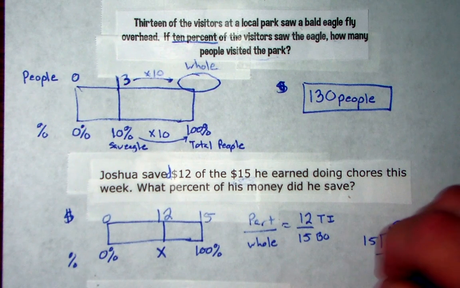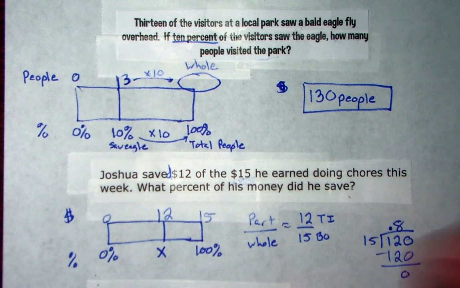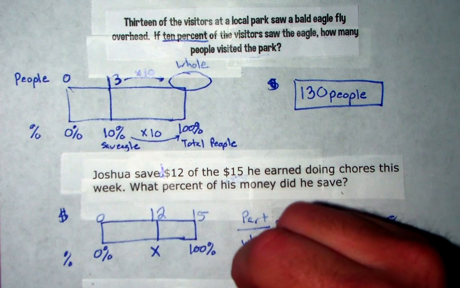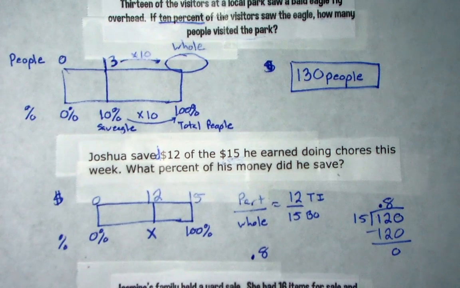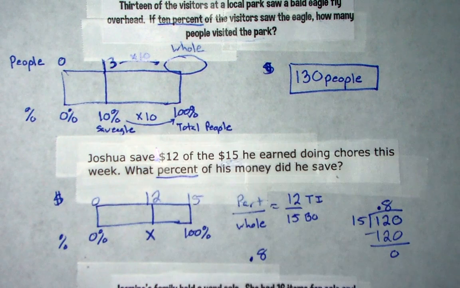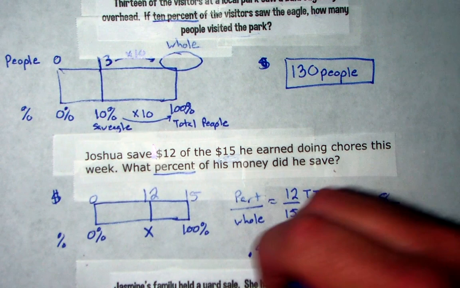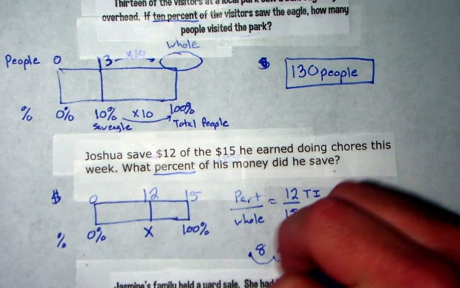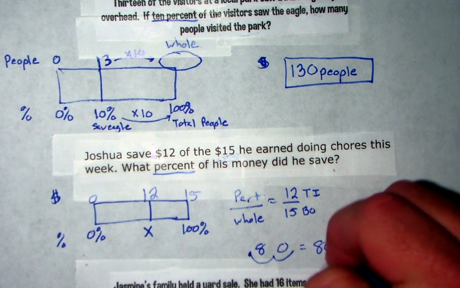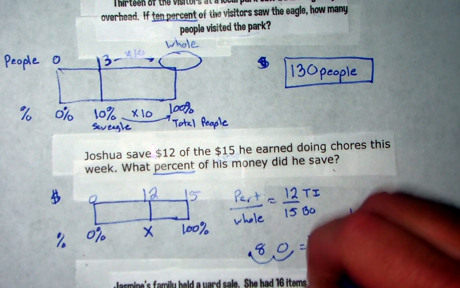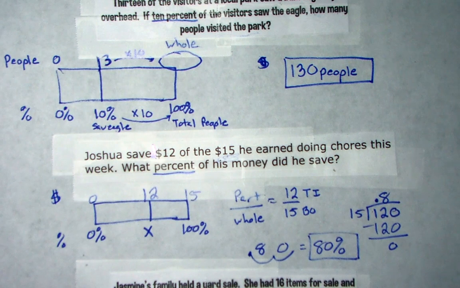Well, guys, look at that. You're going to say, I'm done, Mr. Nolan. The answer is 0.8. And I'm going to be like, all that work was for nothing because now you're wrong. The question asks for percent. So how do you turn a decimal into a percent? Move it 2 places to the right. And there you go. Joshua, you are saving 80% of your money. You are a very smart boy, man. Keep that up.